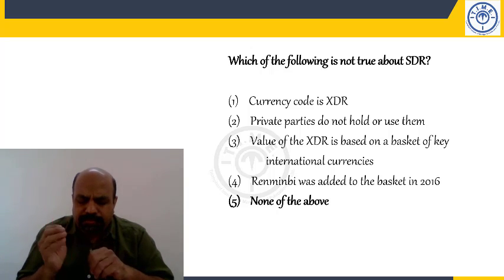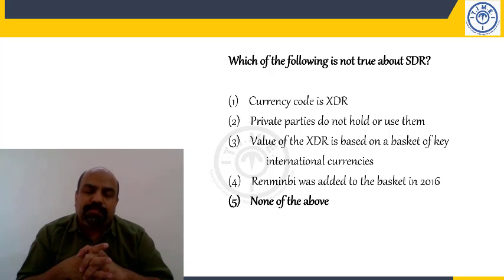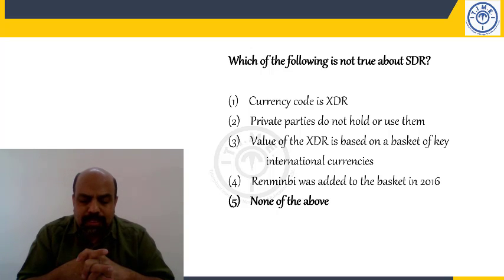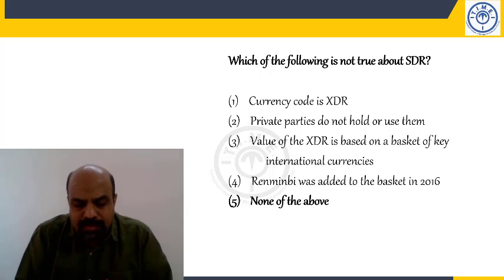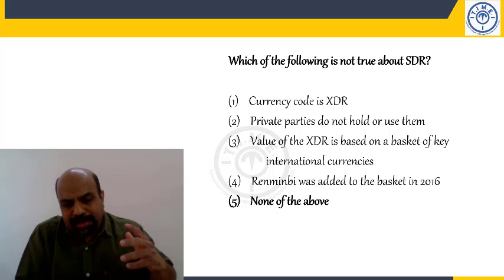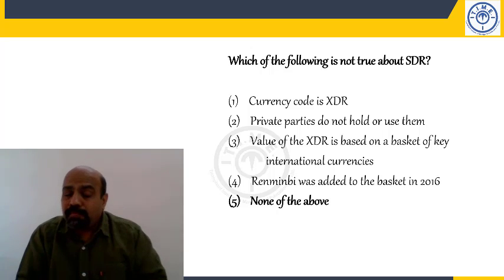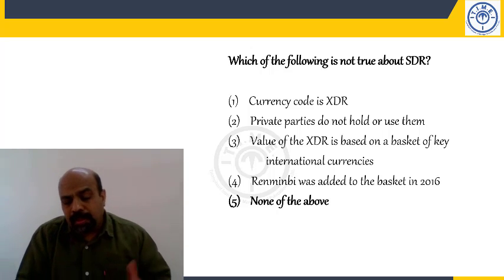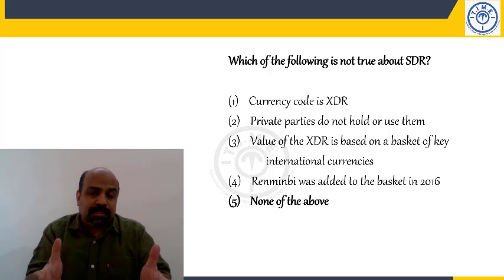Not number 4, only 5, of a basket of major currencies. So you could write, let me repeat, currency value of SDR is determined by summing the values in US dollars, based on market exchange rates, of a basket of major currencies, full stop.